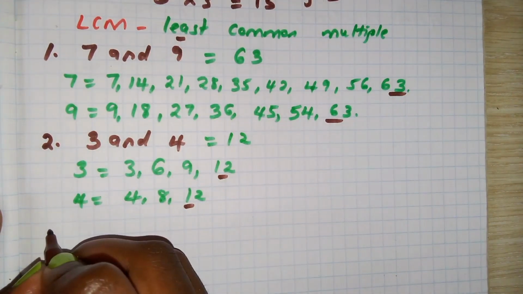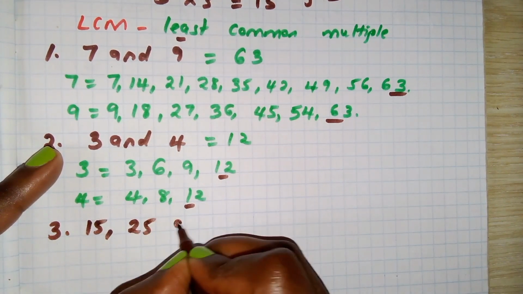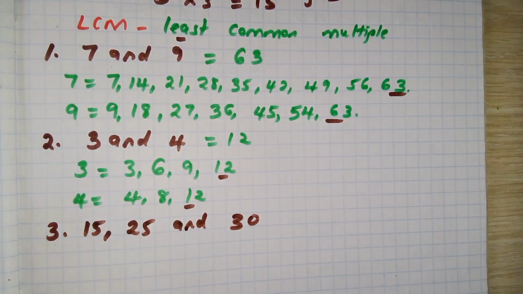The second last number, we're going to try three numbers. So 15, 25, and 30.